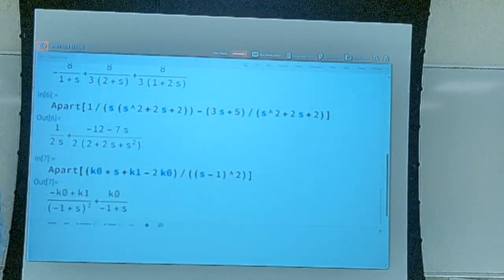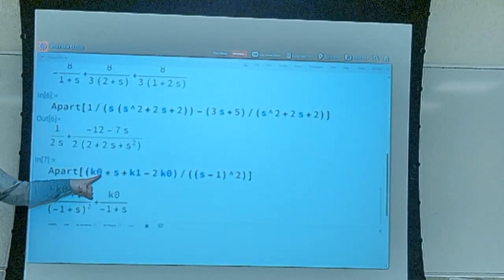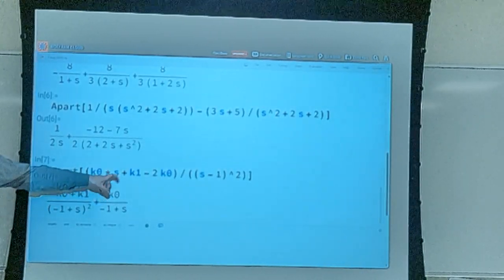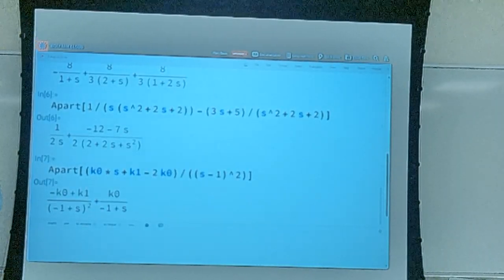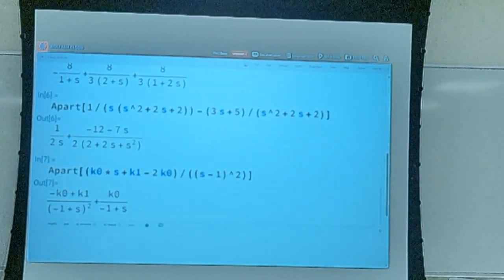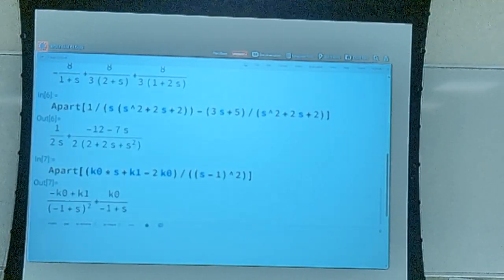Your calculator is the same way. So you have to write K0 then times S. That's true whenever you're using a product of multiple variables. Always separate with multiplication so it doesn't read as a single variable.